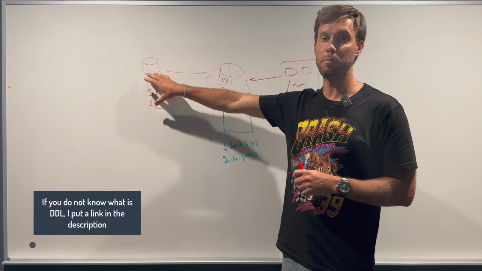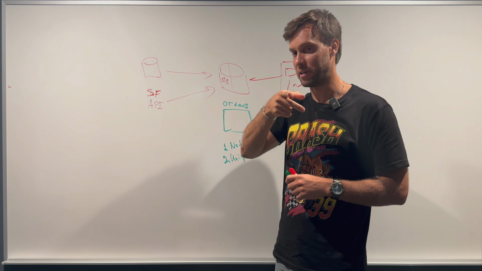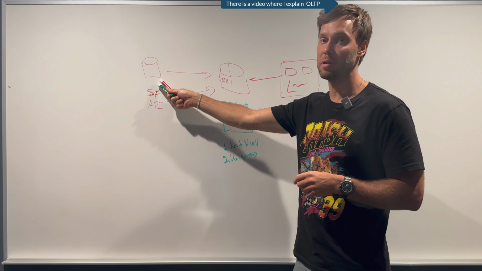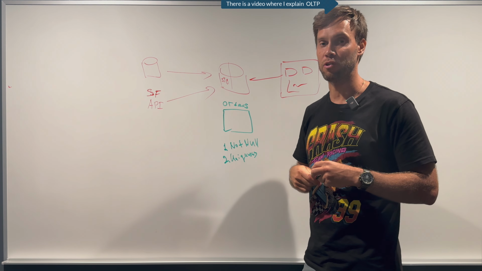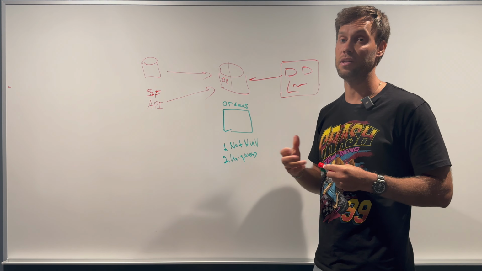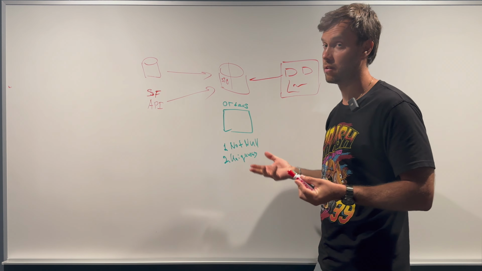Because usually OLTP databases, another term we covered, you should know what this is, have a pretty normalized data model, and each table has a definition for the primary key. This is the ideal case.